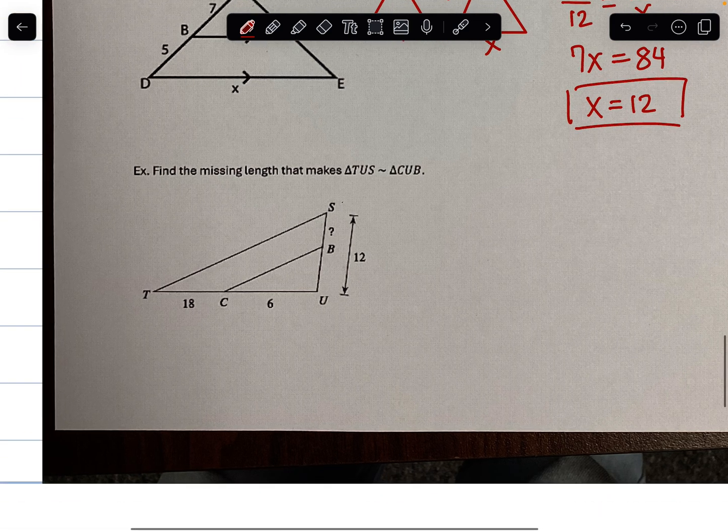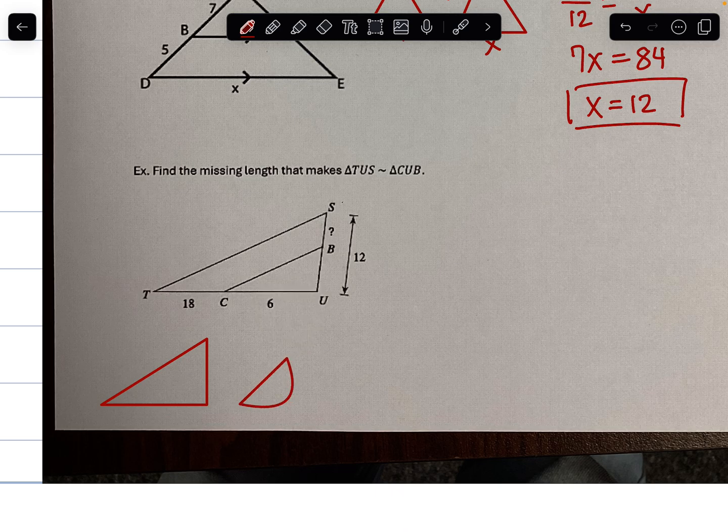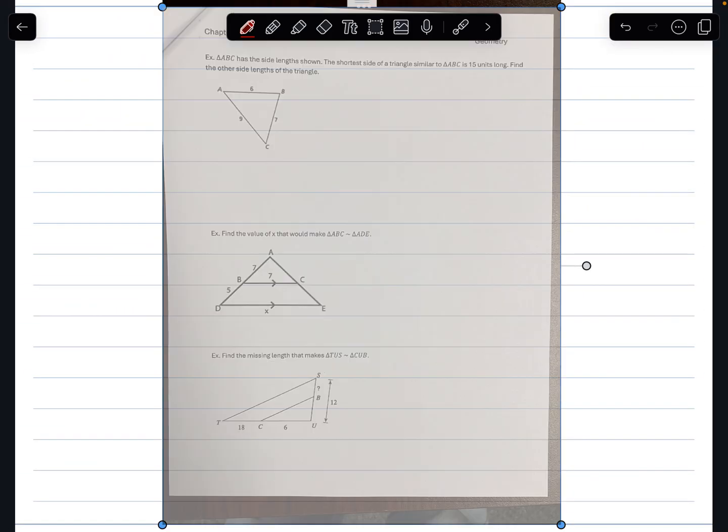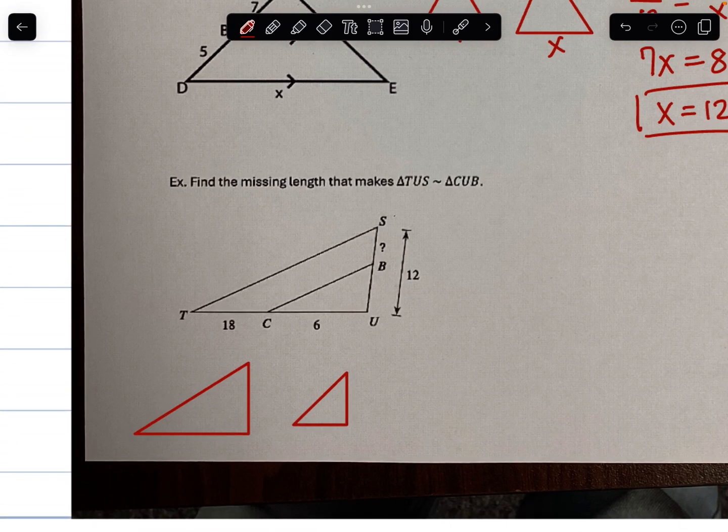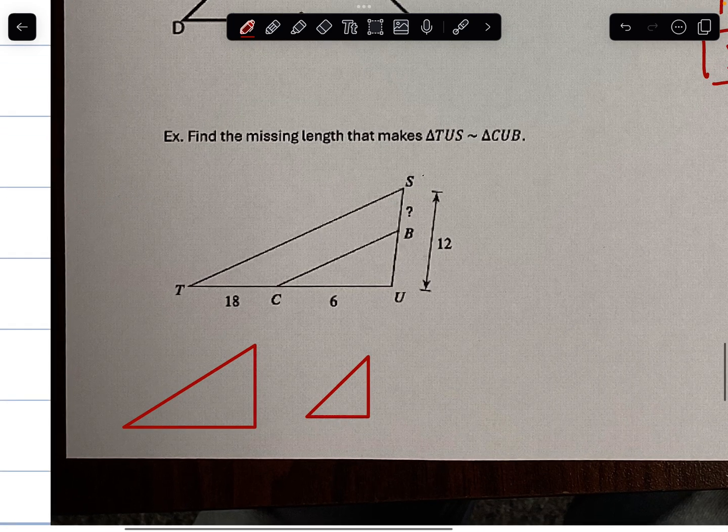It's gonna be x/12. And then it's gonna be 6/12. Oops. Do the triangle first. Somebody first label the bigger triangle for me.